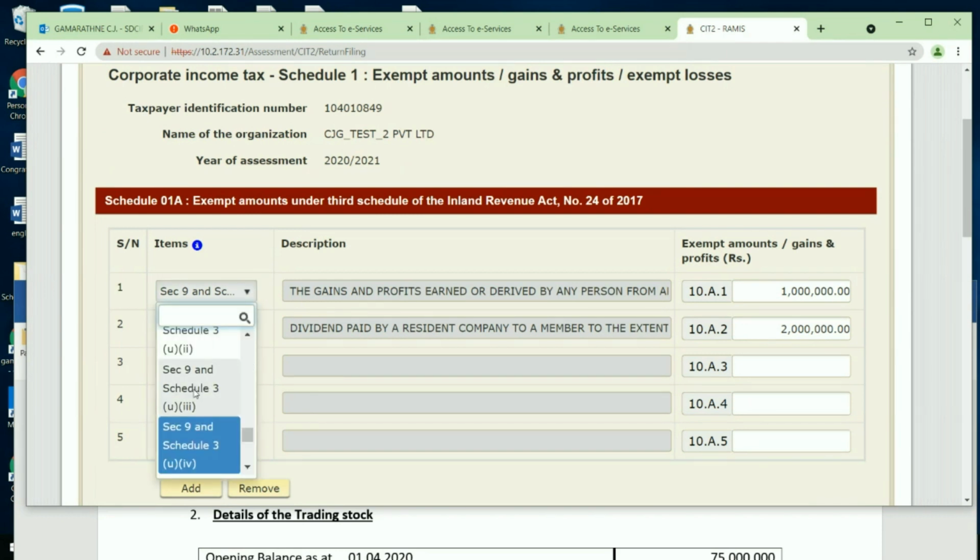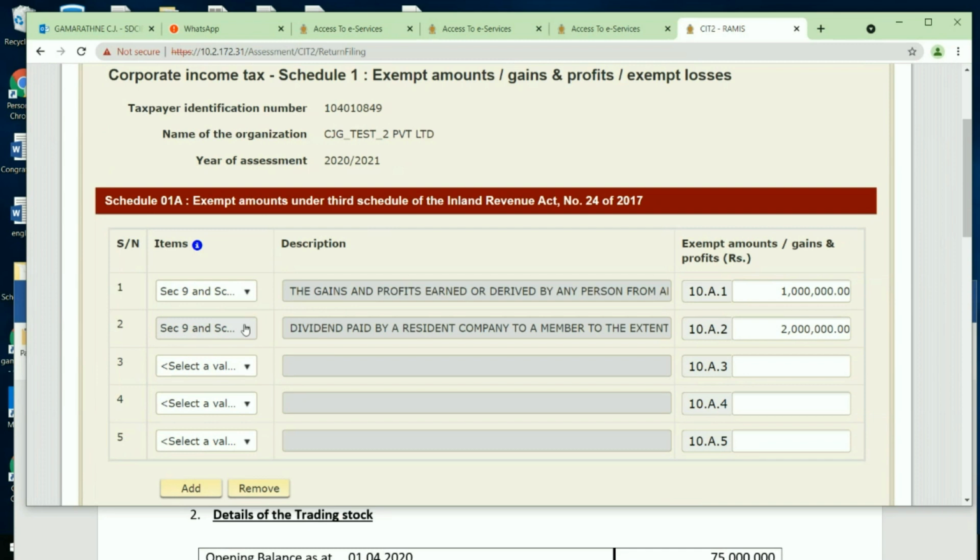Here we are going to identify the foreign service provider. This selected section reflects the gain and profit earned from the delivery of any service from outside Sri Lanka, right? Then 1 million we identified as exemption.